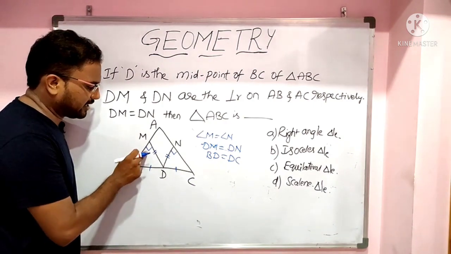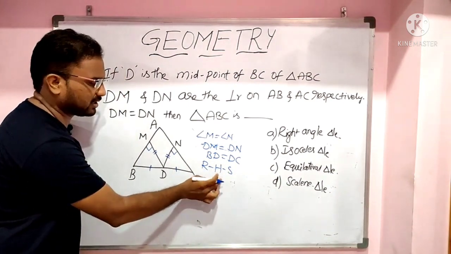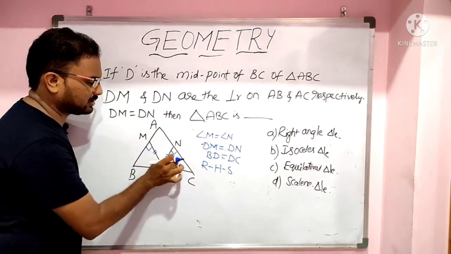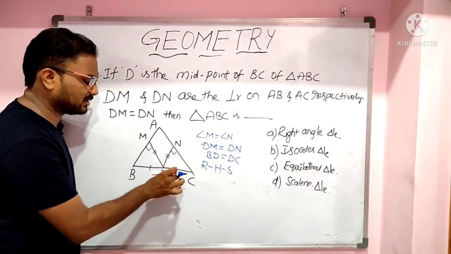According to RHS, right angle, hypotenuse, side: this is 90, this is 90, and BD and CD are the hypotenuses.